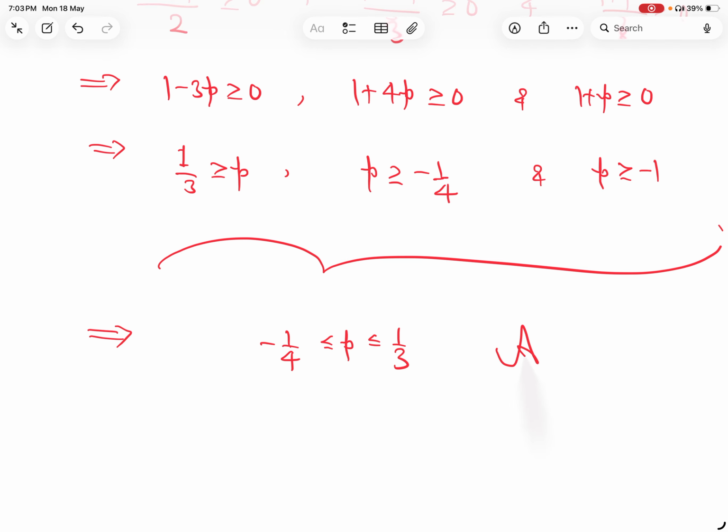So this is the suitable value of p. So this is the answer. So today's answer we got. So today's question is done.